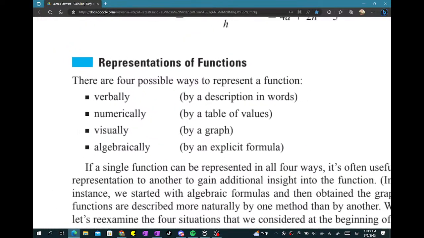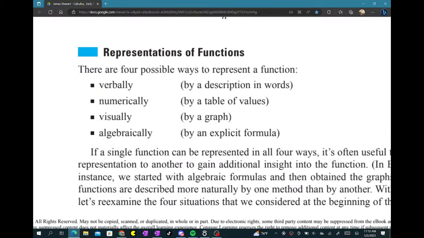Now it says here, there are 4 ways to represent a function. There's verbally, so description of words, basically. They do this a lot whenever they do applications. And there's numerically, so by a table of values. So a table of values is just like the t-chart with the x and y on the left and right.